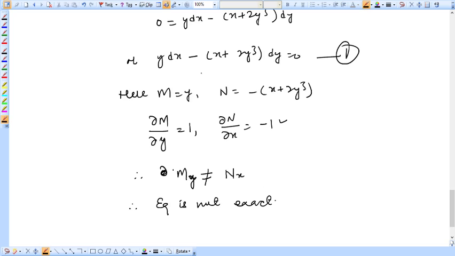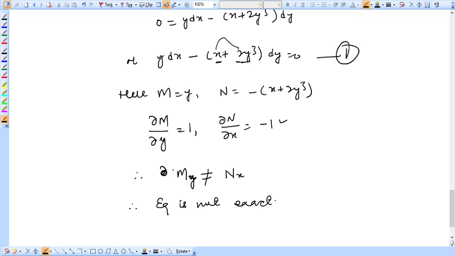So firstly, rule number one cannot be applied here, because this term contains a degree 3 term and this is a degree 1 term. So this function is not homogeneous, thus the possibility of applying rule number 1 is ruled out.